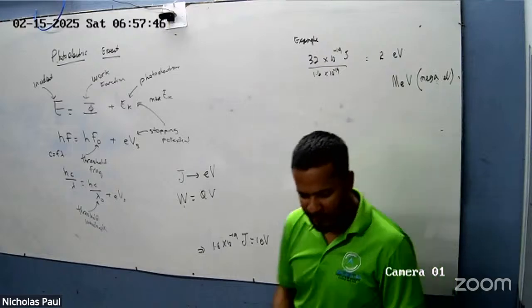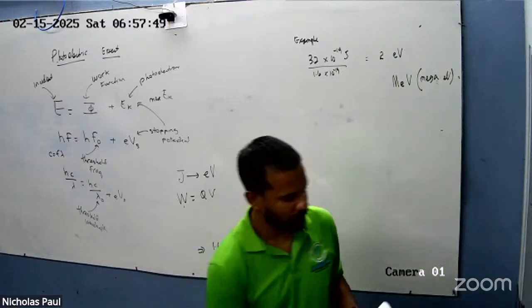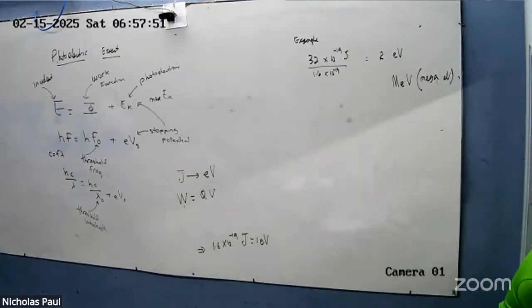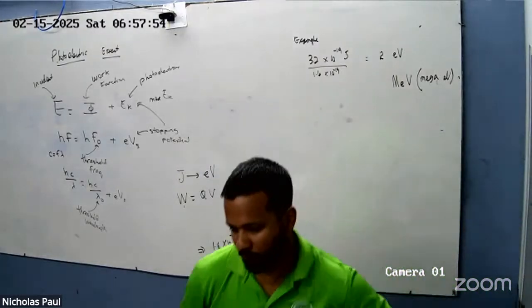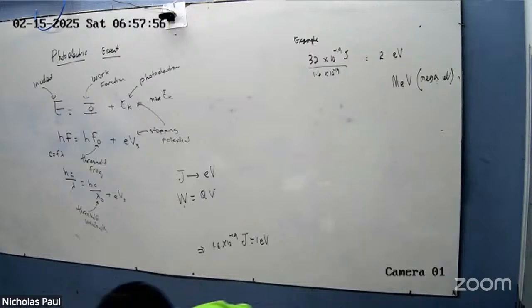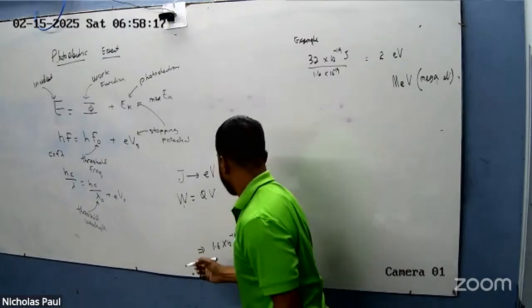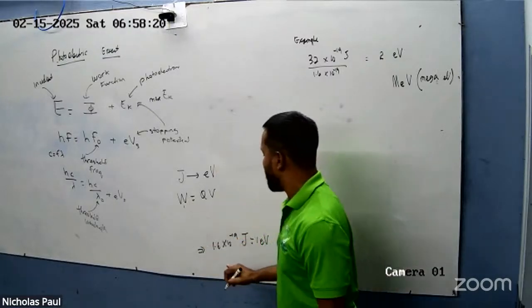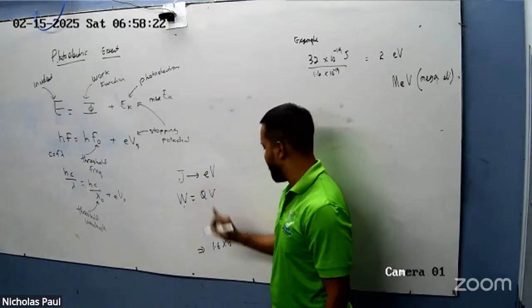All right, so let's see if we can attempt one. This is 1.6 by 10 to the minus 19. What I was showing you here is that when you multiply the Q value by V, you get a conversion.